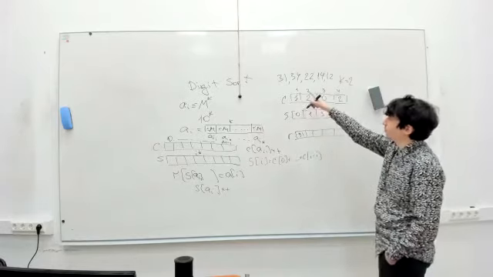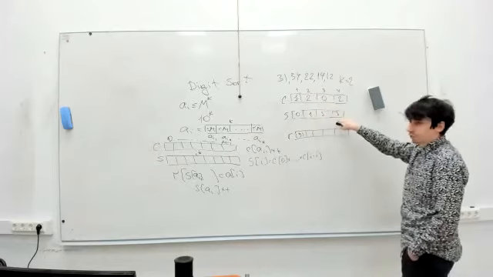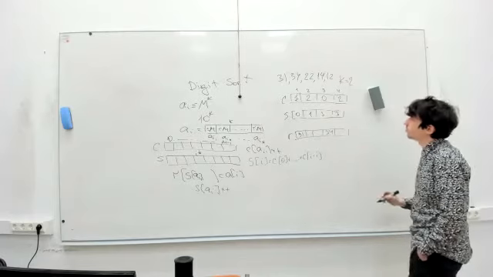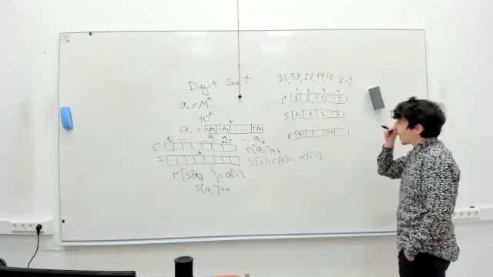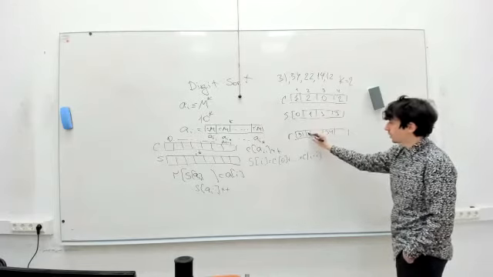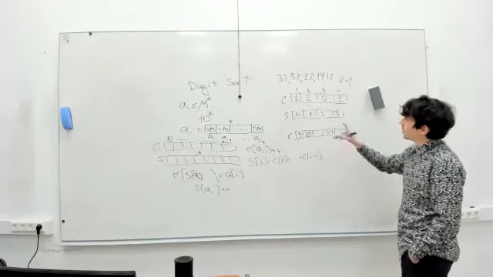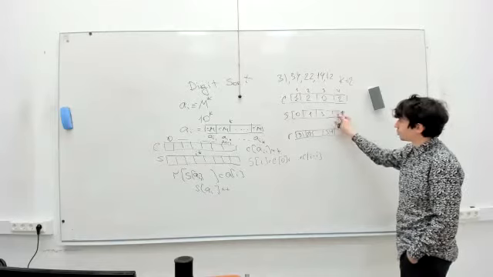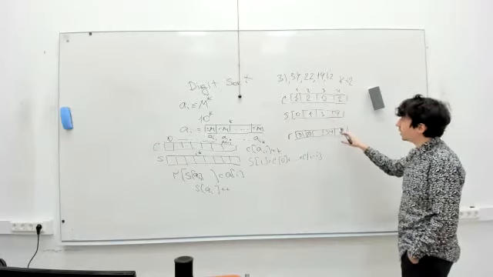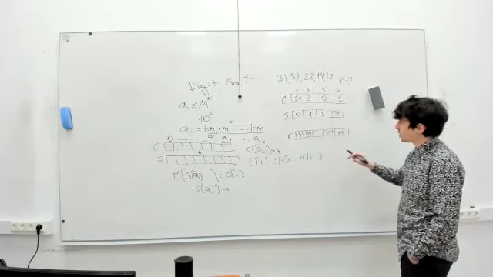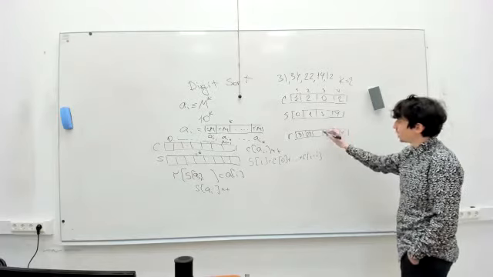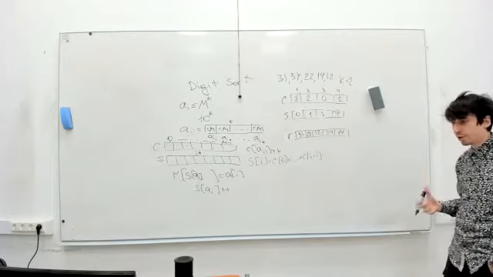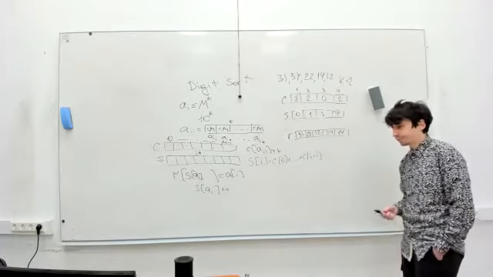Then I take 34, its first position is 3, so I put it here, 34. Then 22, the first position of 22 is 1. Then 14, we already have 4 here, so it should be 4 here. And finally we have 12, we put 12 here. So we sort our array by the second digit.